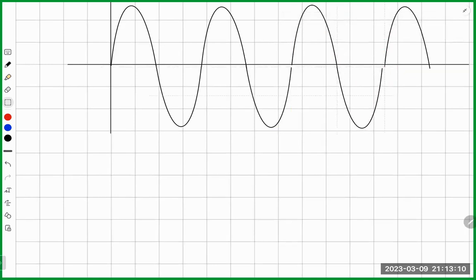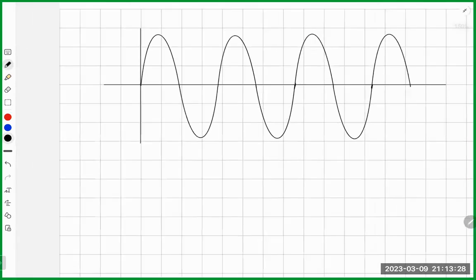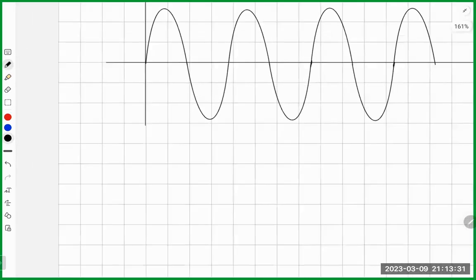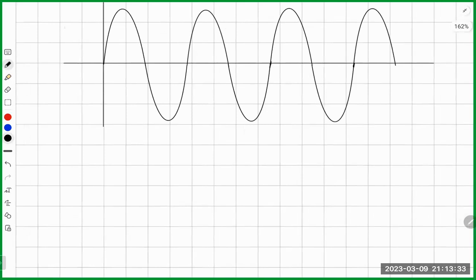So this is happening in primary coil. Okay, this is voltage in primary coil in volts, and this is time in second.